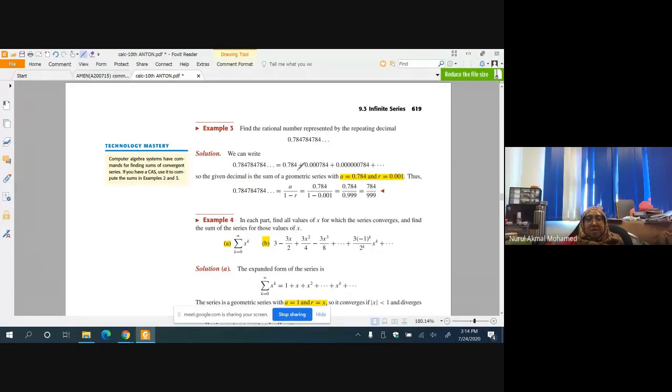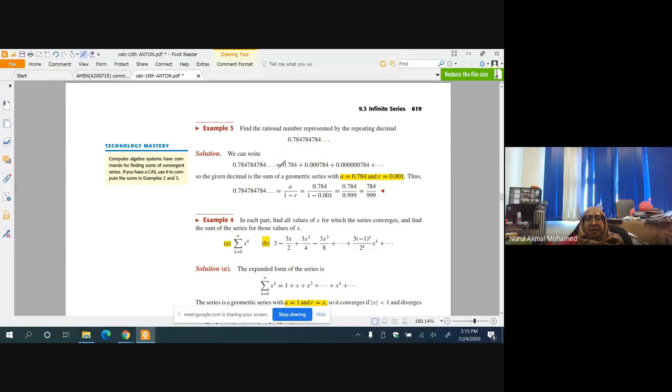One is 0.784 plus 0.000784 plus 0.000000784, and so on. So it is repeated. Now we want to form the geometric series based on this repeated decimal number.